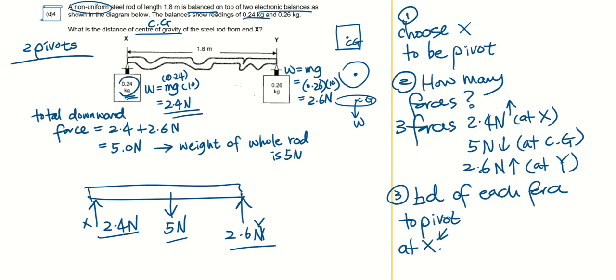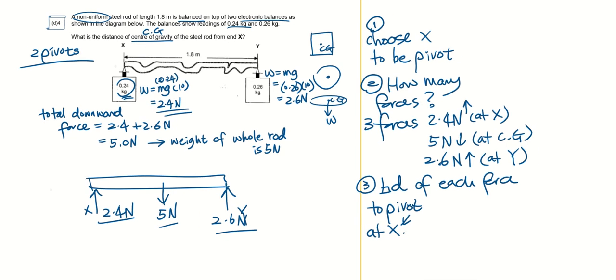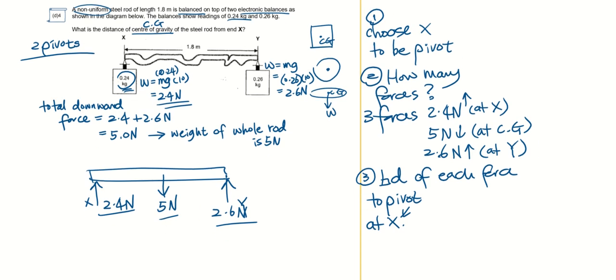Pivot is at X. So the 2.4 Newton will actually have perpendicular distance equal to 0, because the pivot is at X and this 2.4 Newton is exerted at X. So the force actually passes through the pivot, so the perpendicular distance is 0.